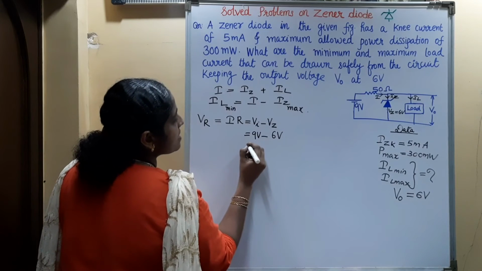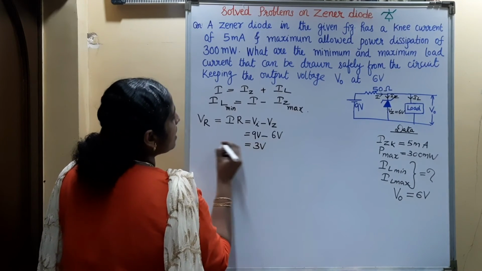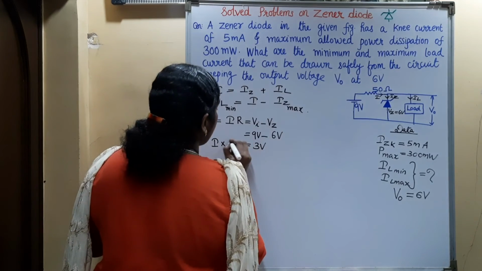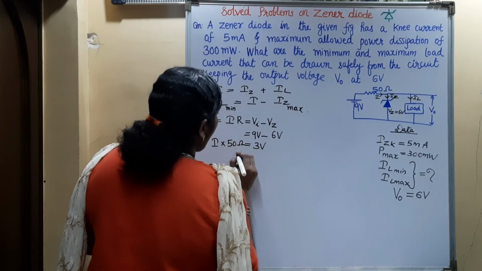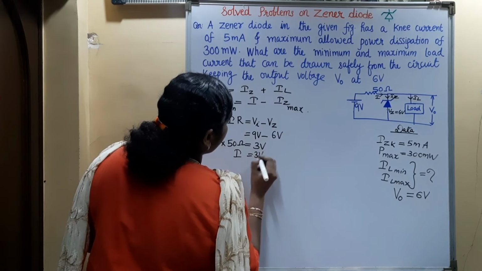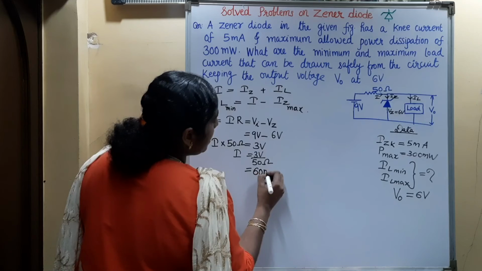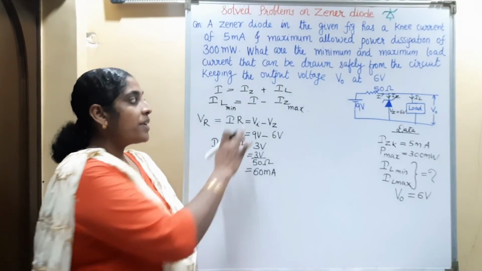So 9 volt minus 6 volt is 3 volt, which is equal to I into R. What is this R? R is equal to 50 ohm. So I is equal to 3 volt divided by 50 ohm, which is equal to 60 milliampere. So that is the main current.